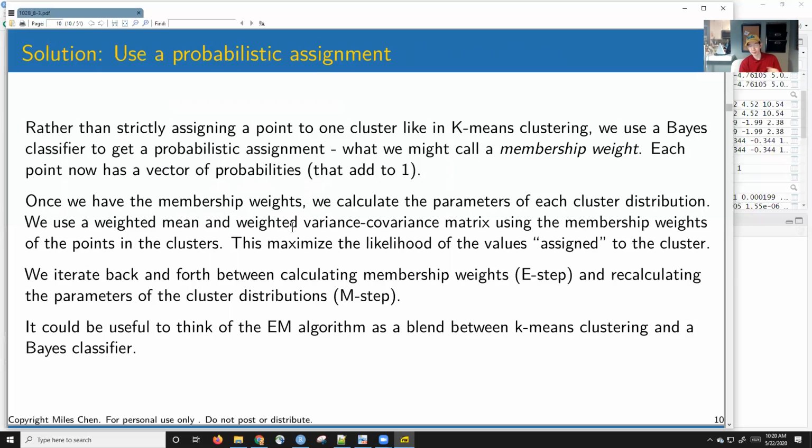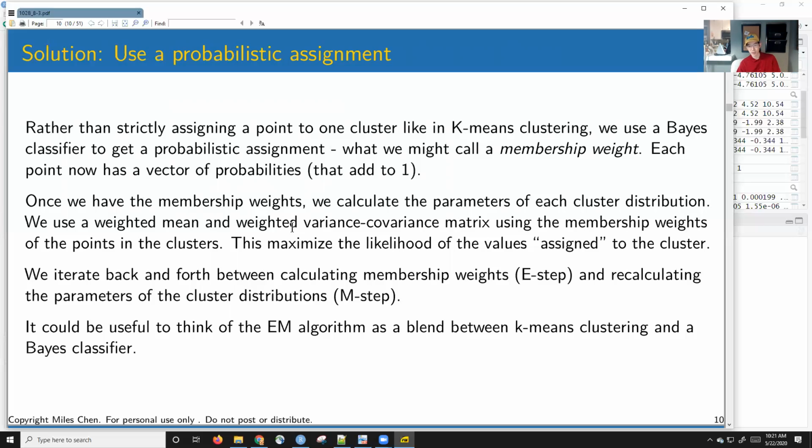We learned the Bayes classifier a couple weeks ago, and it creates probabilistic assignments. So we're going to say, here are maybe 3 clusters, and this new point has an 80% probability of belonging to this cluster, 19% probability of belonging to this cluster, and a 1% probability of belonging to this third cluster.